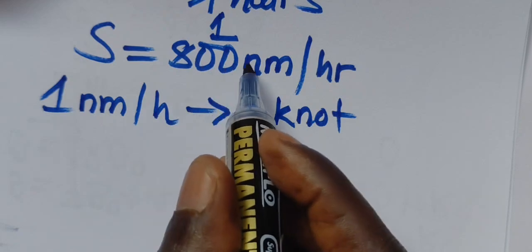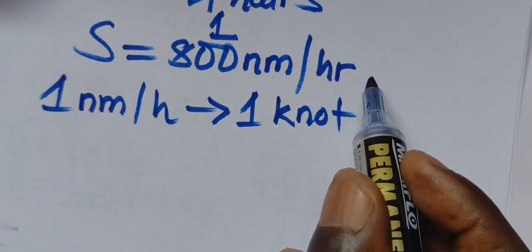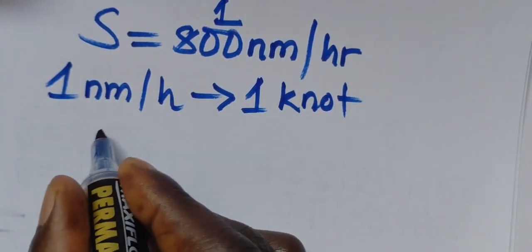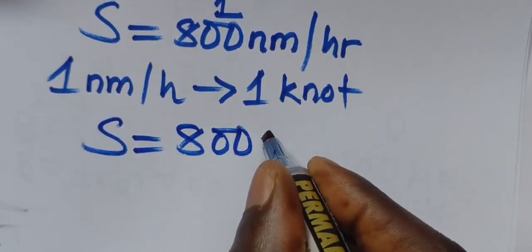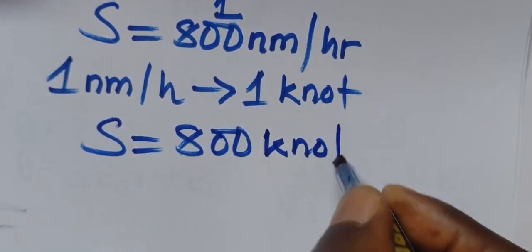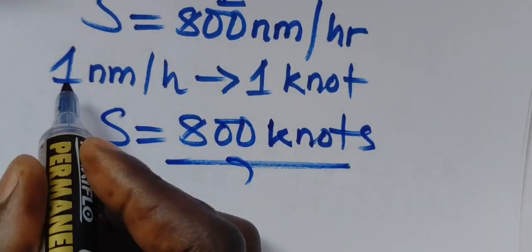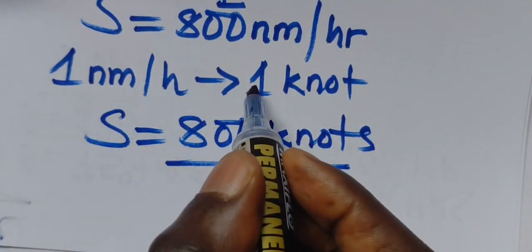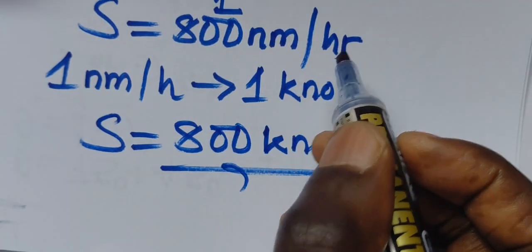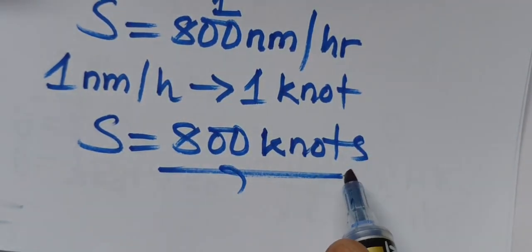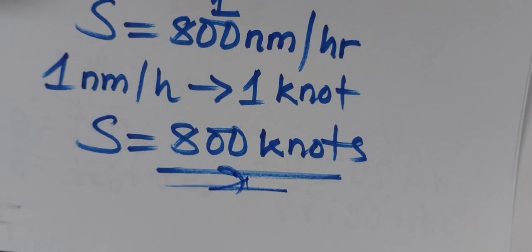So we've got 800 nautical miles per hour. So for speed in knots, this will be 800 knots. Because 1 nautical mile per hour is equal to 1 knot. So for 800 nautical miles per hour, this is just going to equal 800 knots. And this here is the answer on B.